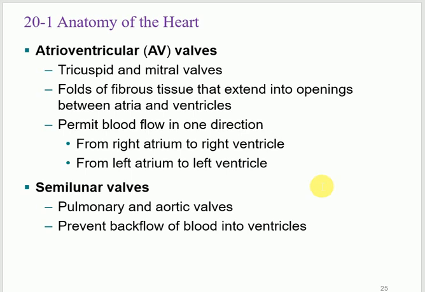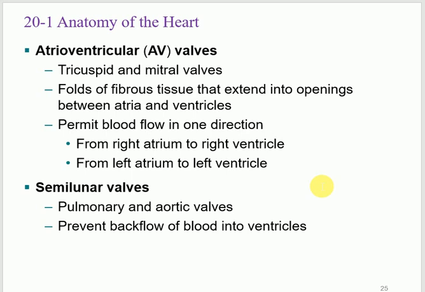Valves, AV valves, atrioventricular valves between atrium and ventricle. Do you remember those? There is one in the right and one in the left. What's the other name for the one in the right? Right atrioventricular valve? What's the other name?